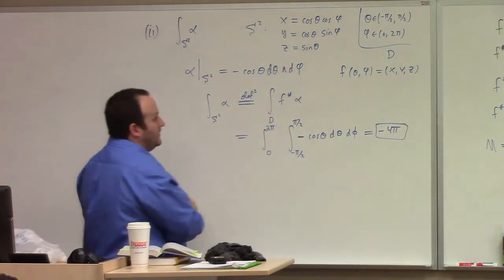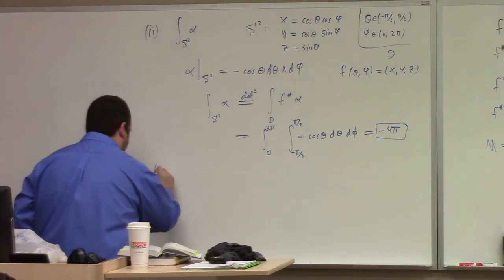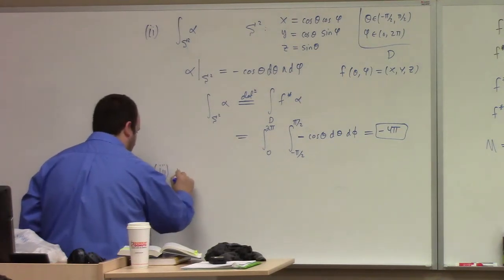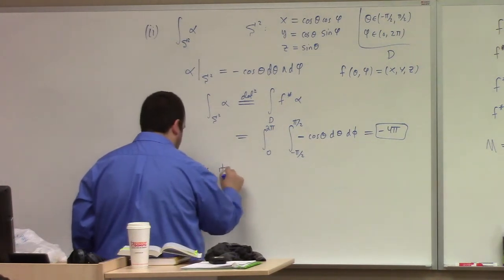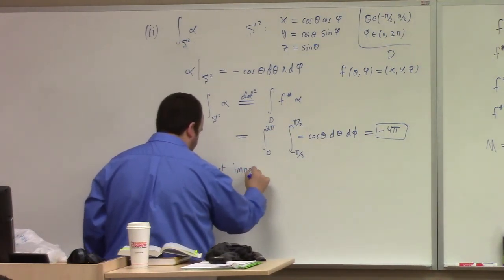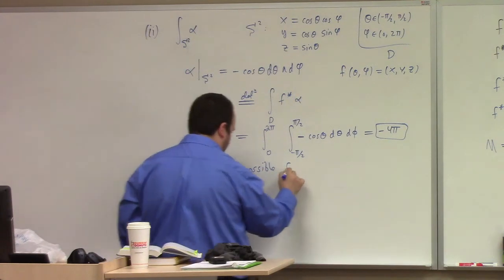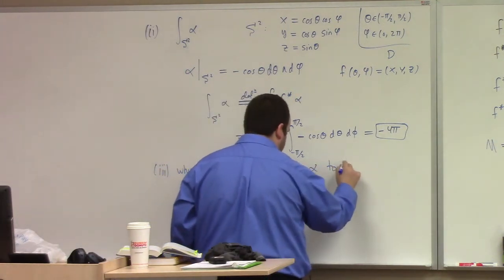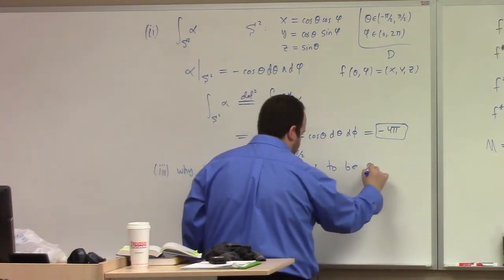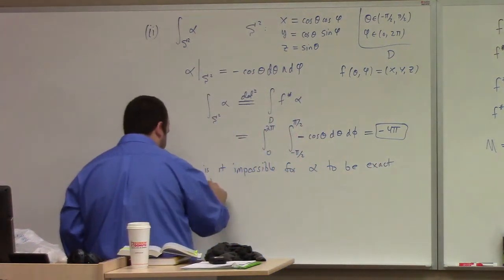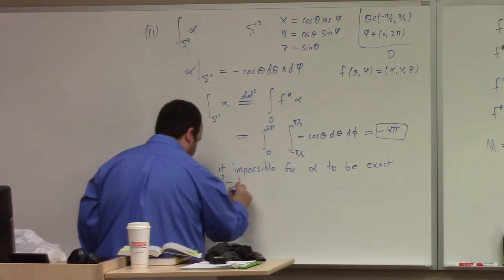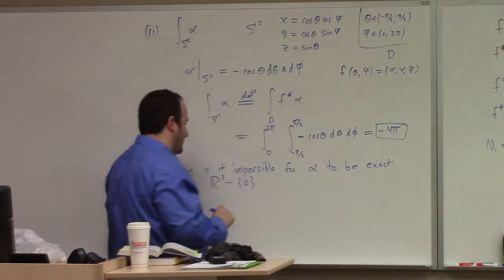Now, part 3 was the interesting question, right? Why is it impossible for alpha to be exact on the deleted 3-space, on R3 with the origin punctured, removed?